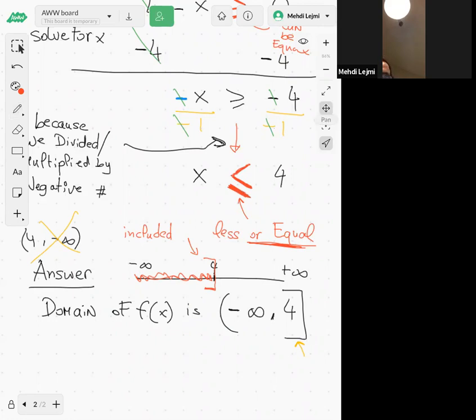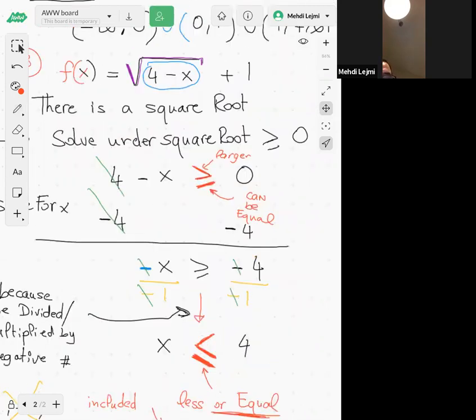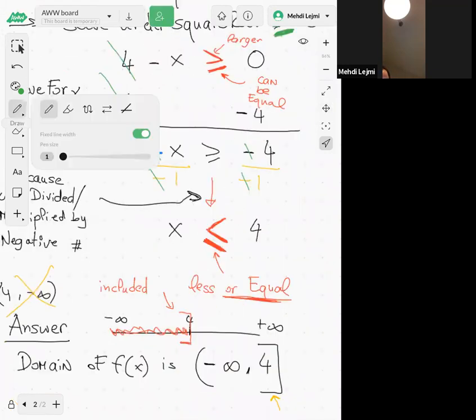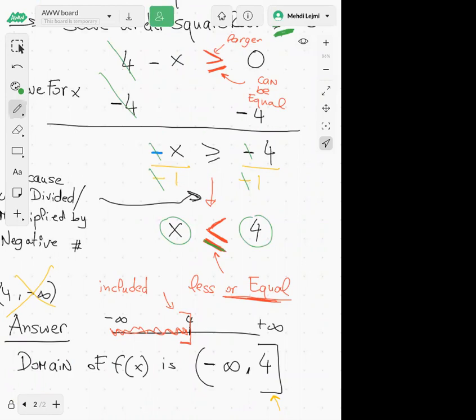At the beginning, we had to solve under the square root larger or equal, so it can be equal, so we include the answer. So my x can be equal to 4, so I include it. That's why.